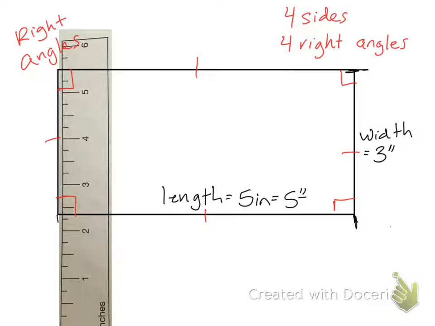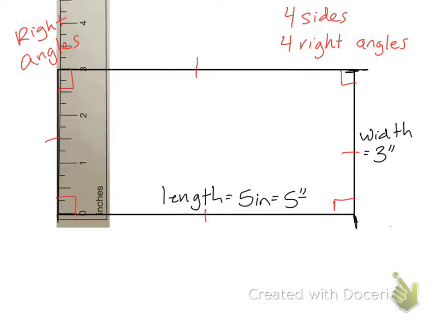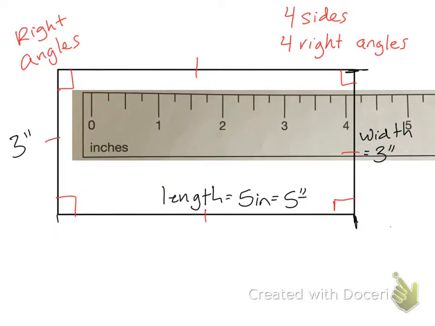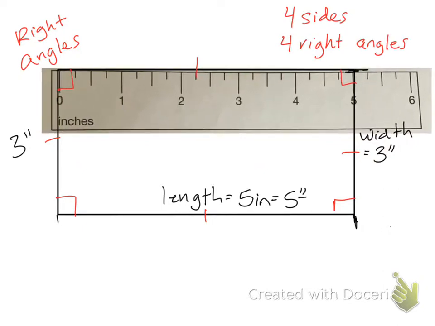So what do you think the other sides of the rectangle are? Let's go ahead and measure this left side. And look, the left side is also 3 inches. Okay, what about the top? There we go. The top is also equal to 5 inches.